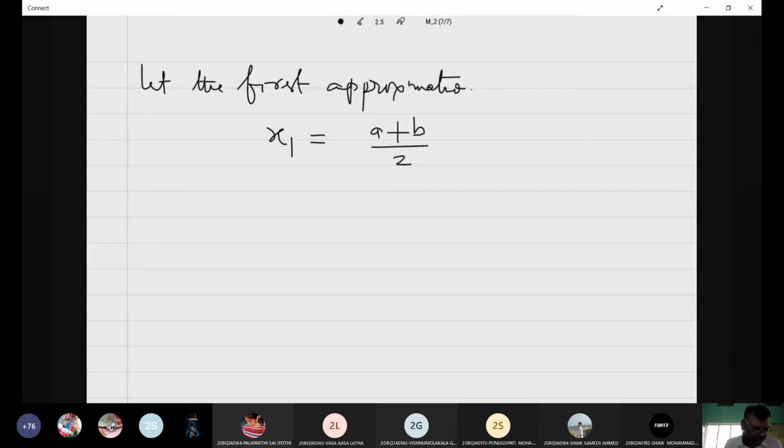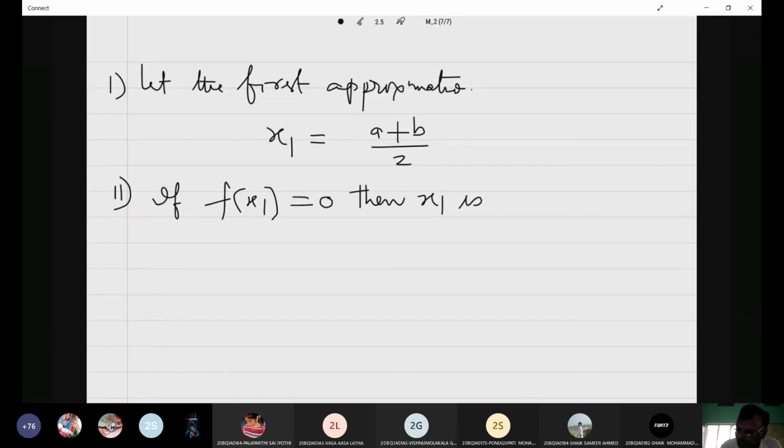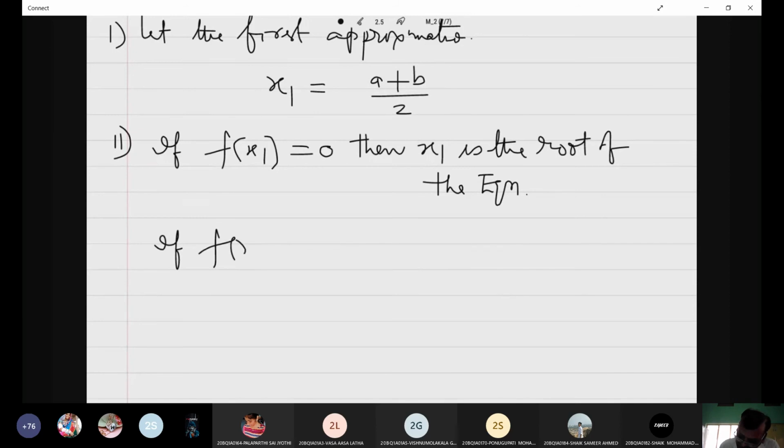Understanding, right? Note that second point. This is the first point, this is the second point. This is also called the algorithm. If f of x1 is equal to 0, then x1 is the root of the equation. If f of x1 is not equal to 0, then it is either greater than 0 or less than 0, so we have two cases. If f of x1 is positive, the root lies between a and x1.